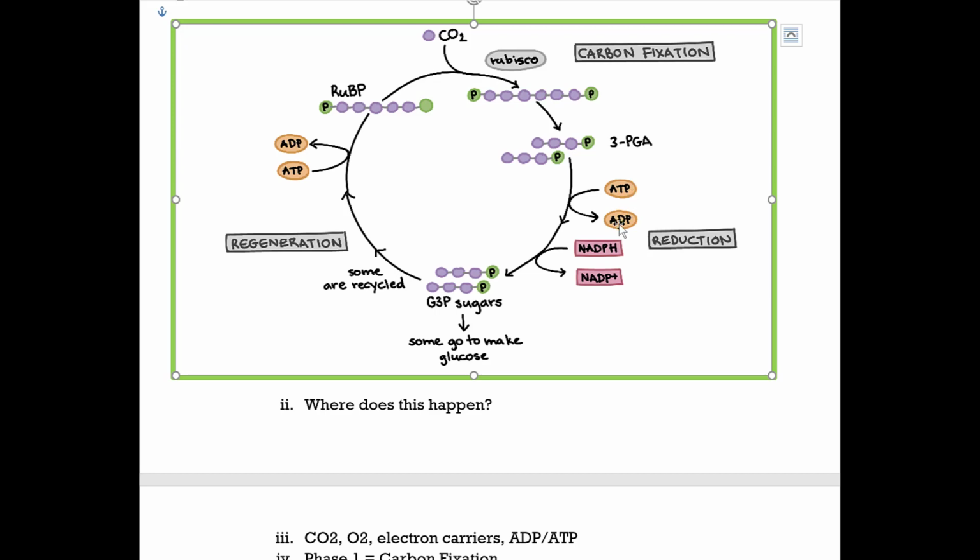So ATP that was generated during the light reactions is also acting as a reducing agent and donating high energy electrons in those phosphate functional groups. It also can go back to the light reactions to be rephosphorylated. And remember, the phosphorylation of ADP in the light reactions is called photophosphorylation.